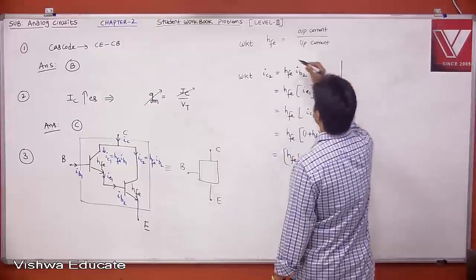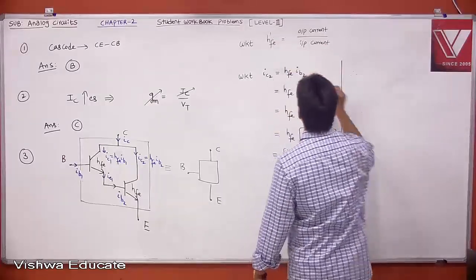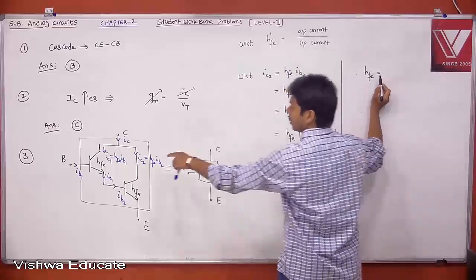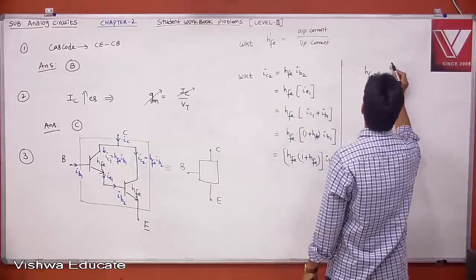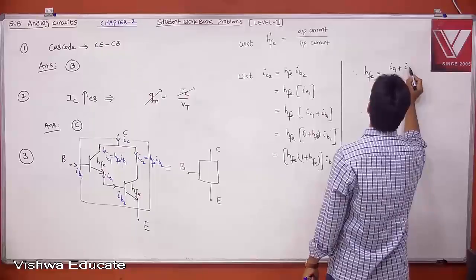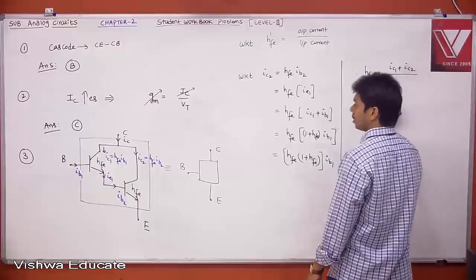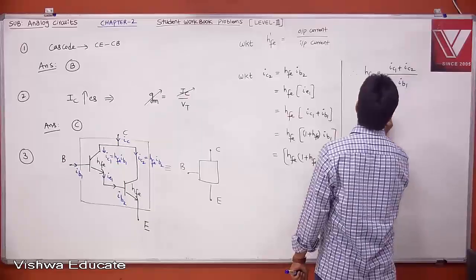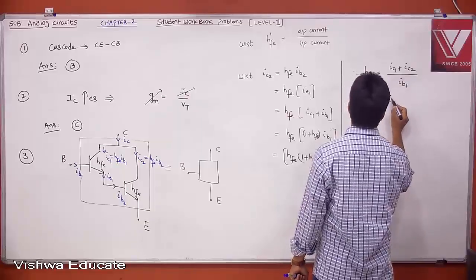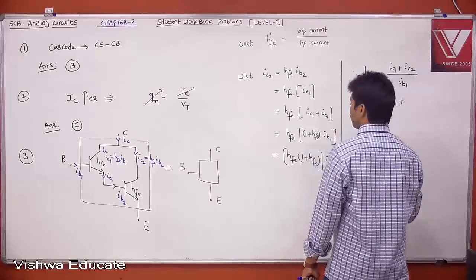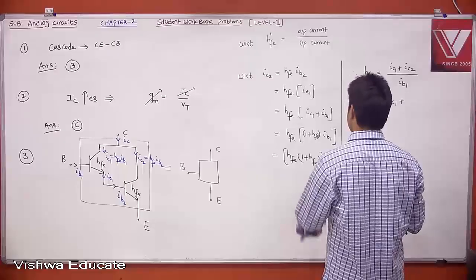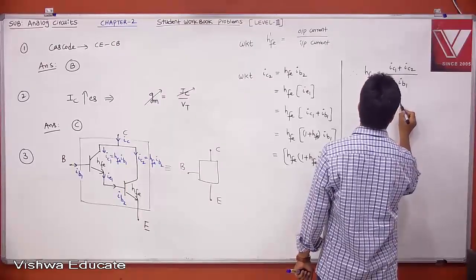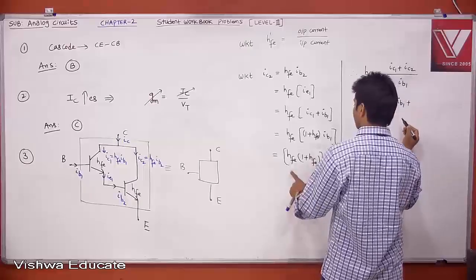Therefore, overall HFE, you can say HFE dash, is equal to your output current, IC1 plus IC2, divided by your input current IB1. Therefore, what is IC1? IC1 is nothing but HFE into IB1, plus what is your IC2?